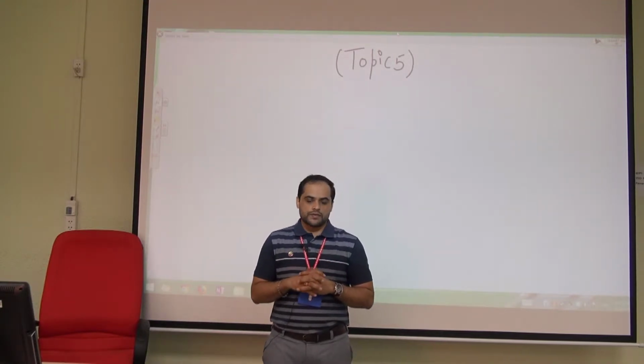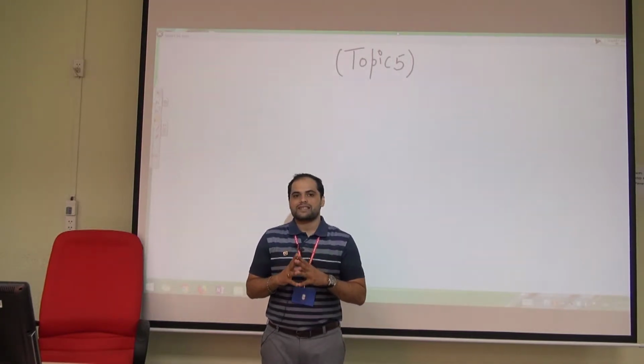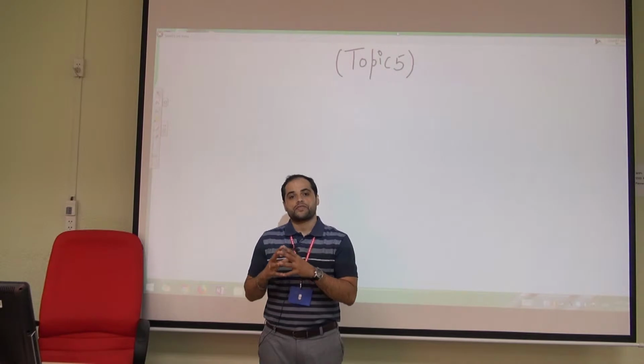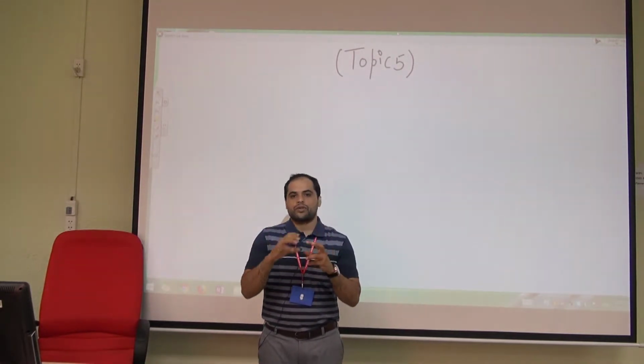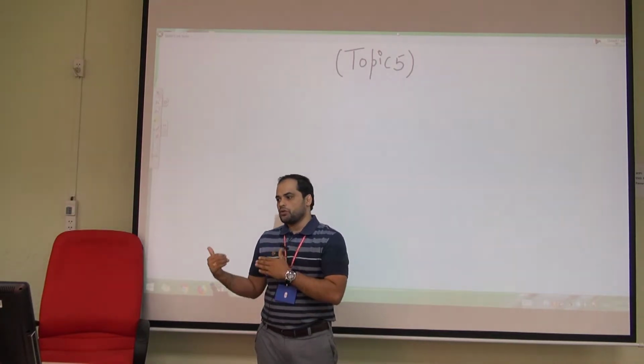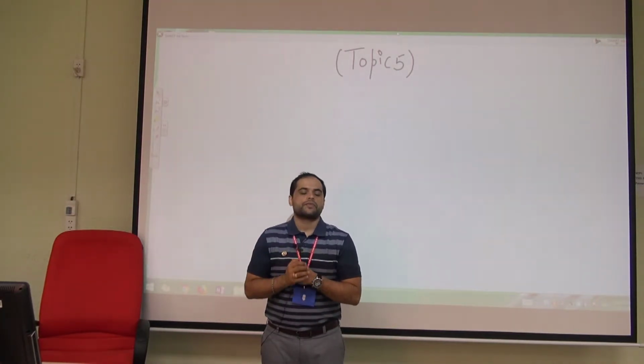So in this topic, we're going to cover around 7 learning outcomes. In those 7 learning outcomes, learning outcome 2 is not part of your syllabus. So I'll give a quick glance at each and every learning outcome, and then we will go into more detail.